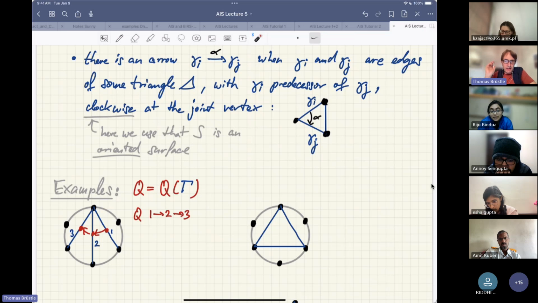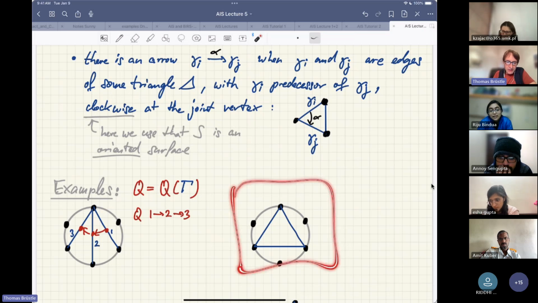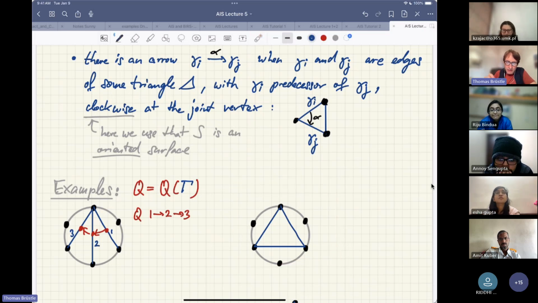Okay. Now, what about the second example? In the second example, I got 3 vertices, let's call them 1, 2, and 3. And now, whenever two of those edges join at a joint vertex, I connect them clockwise. So how does the clock go?